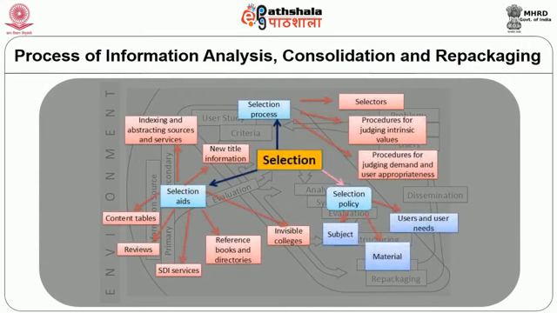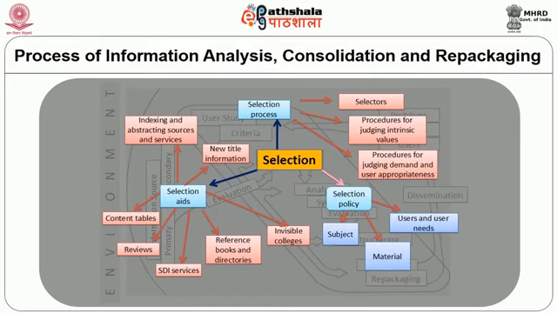Selection requires a selection policy, selection aids and tools, and specification of the selection process. A selection policy is the statement regarding users and their needs, subject topics or mission to be dealt with, and kind of information sources and material to be covered. Selection aids and tools guide selection and facilitate verification.